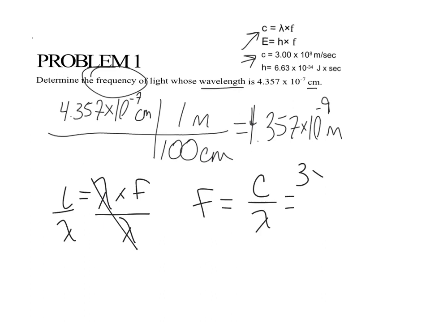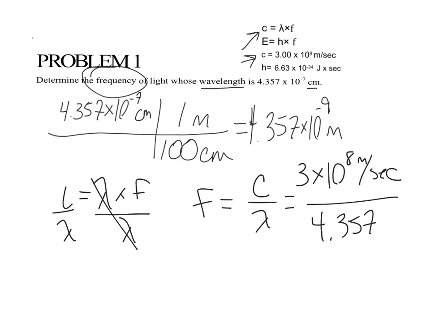I know C is 3 times 10 to the 8th meters per second. And I'm dividing by my lambda, which I found above to be 4.357 times 10 to the negative 9 meters. My meters cancel out. I end up with 1 over seconds, otherwise known as hertz.